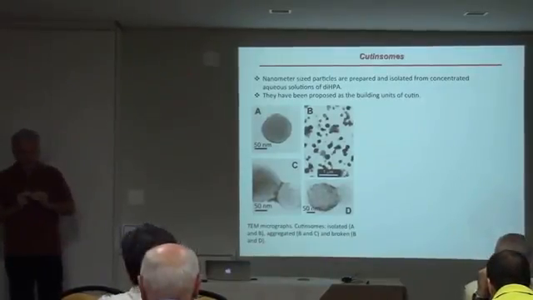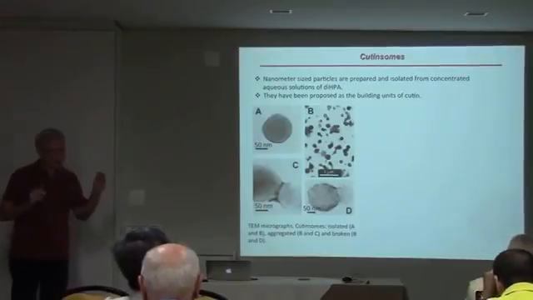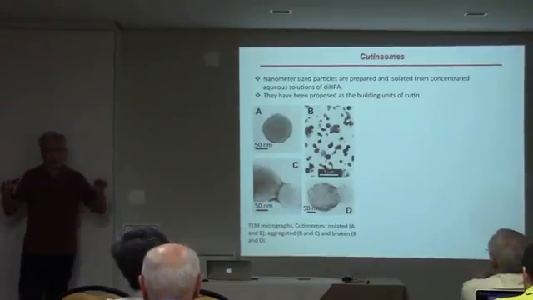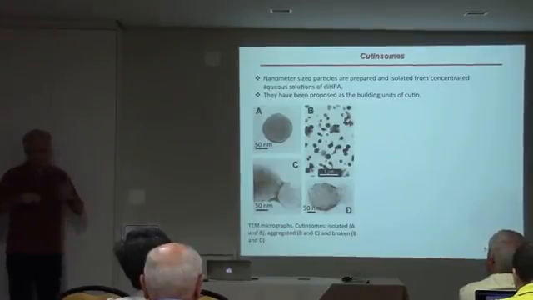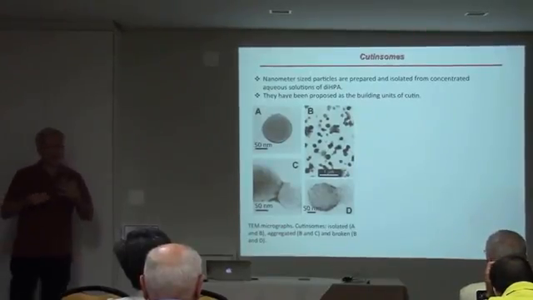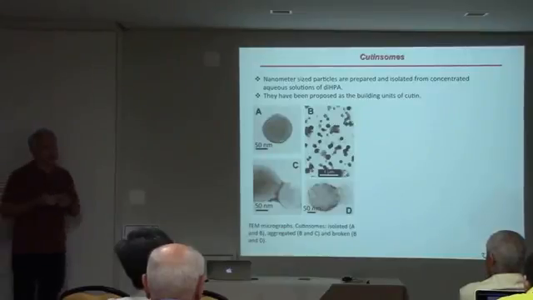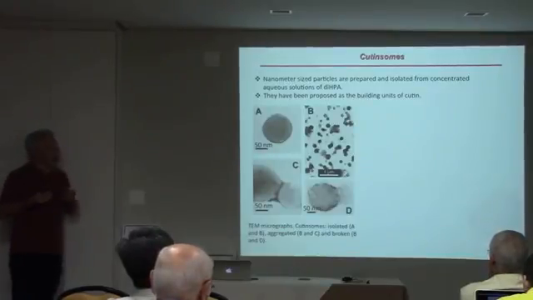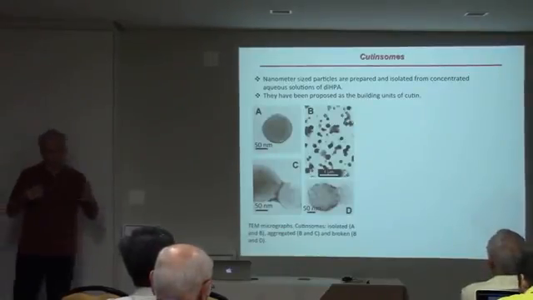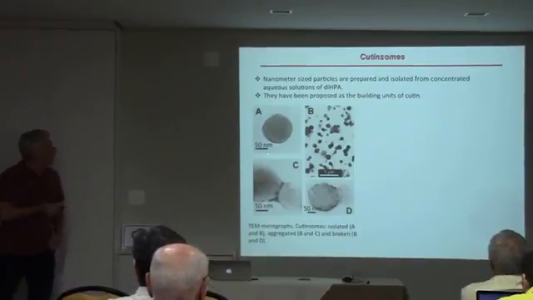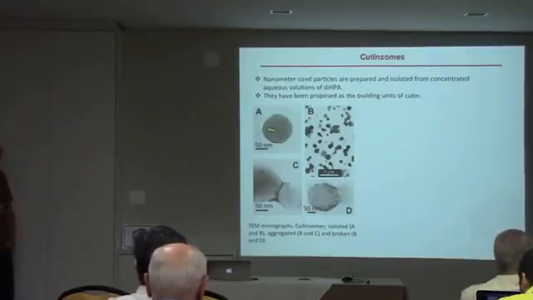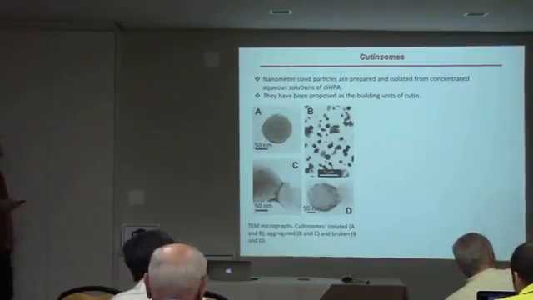So, initially, as I said, the cutin will evolve in a laminar way, and later on, when the polyester gets to a high proportion, they can start to form this kind of particles, which are called cutinsomes.